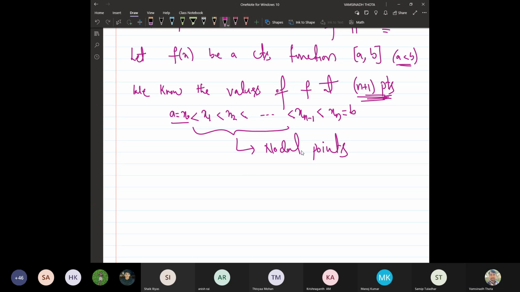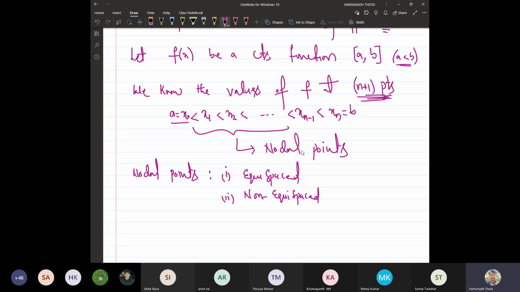Okay, right. Now we are interested here in two things that can happen. The nodal points may be equispaced or non-equispaced.